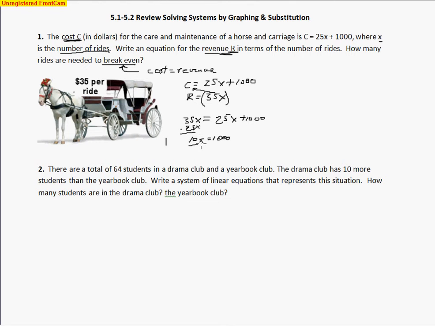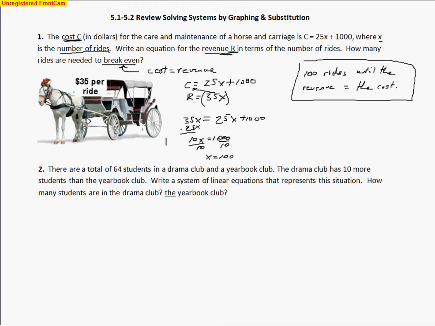Dividing by 10 gives me my answer of x is 100. So it's 100 rides until the revenue equals the cost. That's what it'll end up taking there.